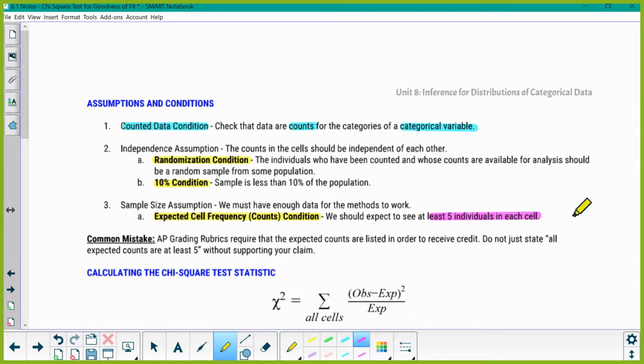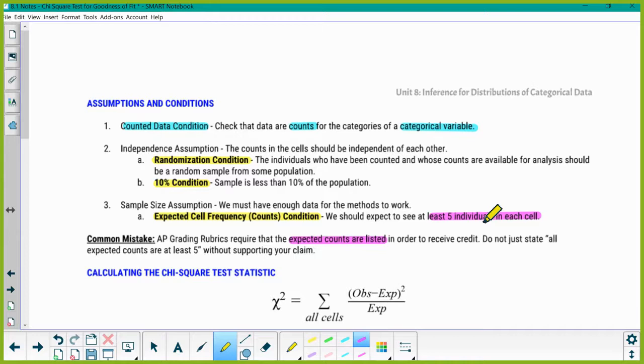And one thing that's really important to note, the College Board grading rubric requires that you actually list the expected counts. You can't look at it in your calculator, do all the multiplication on your calculator and leave it there and say, "Oh yeah, they're all bigger than 5." You have to write it down.